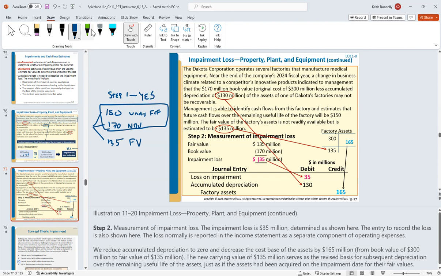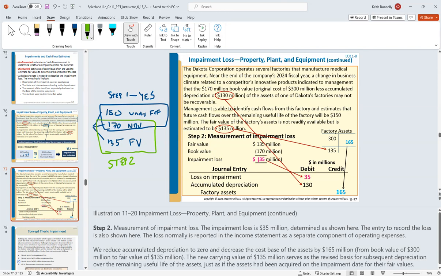That's great. Now what we do is we go to step 2, and we essentially compare the fair value, in this case 135, with the book value.